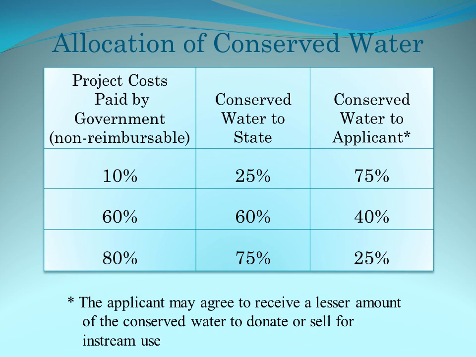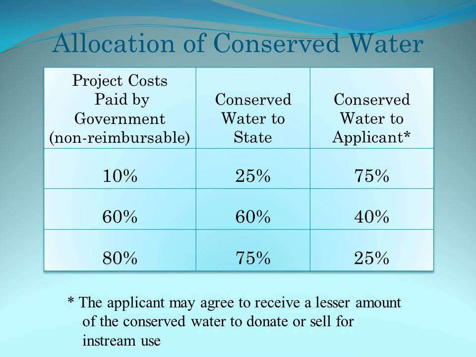That means that 60% of the project costs are coming from non-reimbursable federal or state funds, which translate to 60% of the conserved water being allocated to the state and 40% being allocated to the applicant. Using the previous example, it means that 3 CFS is allocated to the state for an in-stream water right, and 2 CFS is allocated to the applicant for use on new lands.